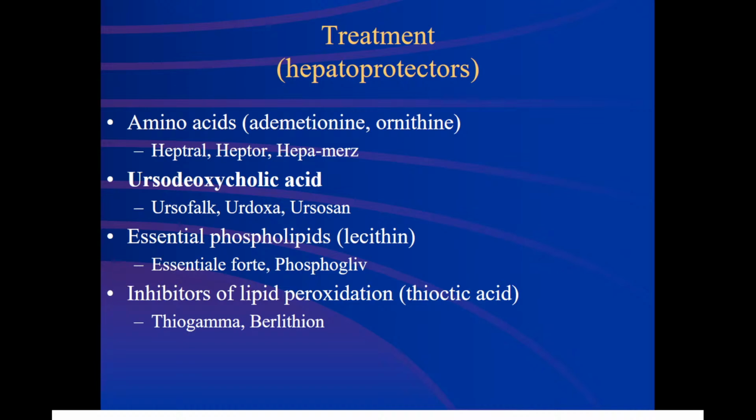So ursodeoxycholic acid is proved in big trials to decrease the inflammation process in the liver, to decrease fibrin formation in the liver, and it also helps to evacuate bile outside of the liver.